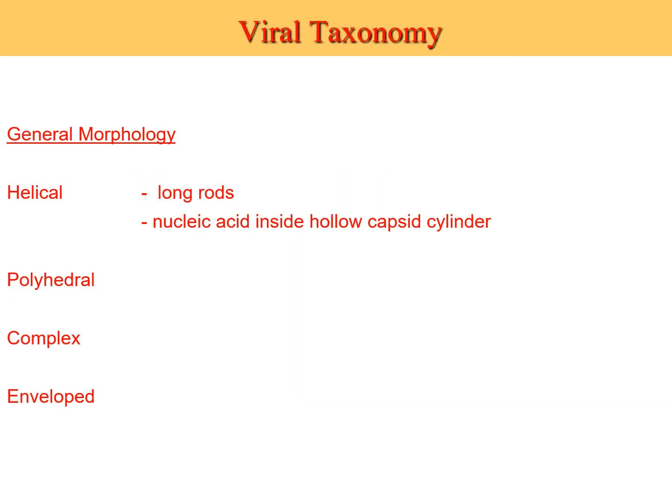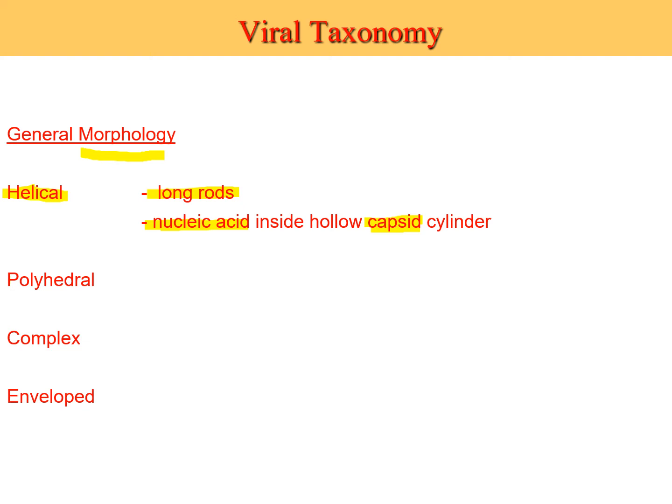In general, in terms of shape or morphology, some are helical, a long rod with nucleic acid inside that long cylinder. The capsid forms a long protein cylinder around the nucleic acid on the inside, and an example of that would be Ebola.